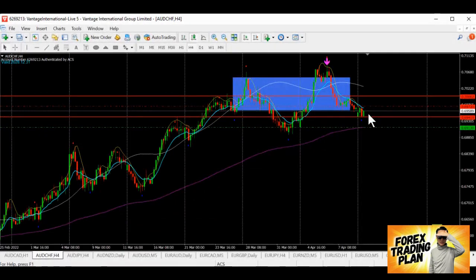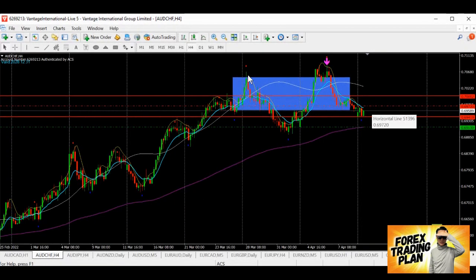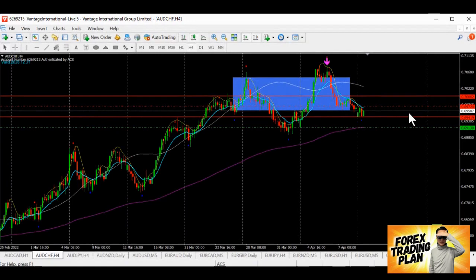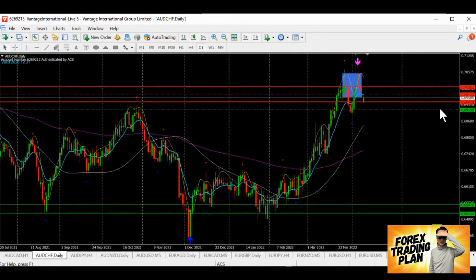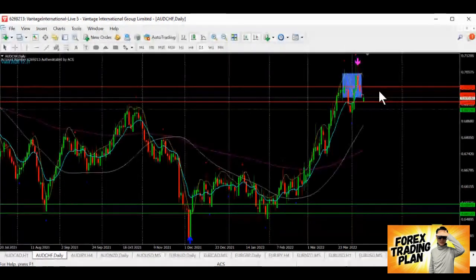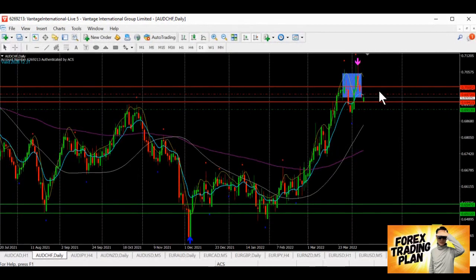We may also need to hit the resistance, then we will have a chance to sell. However, this is my bear zone, which is always very volatile with a lot of turbulence. So I won't be very keen on selling Aussie franc, nor very keen on buying Aussie franc. I'm going to give this a miss.